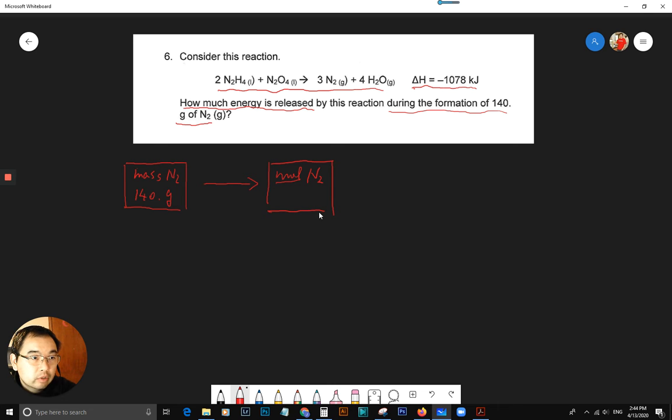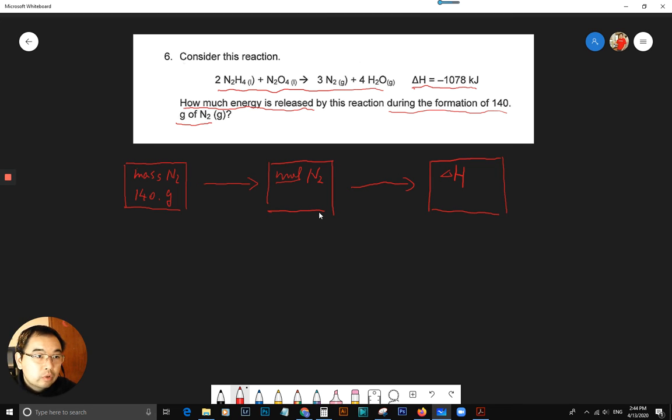So you need to convert the mass to the mole. Then the next step, based on the stoichiometry, you figure out the change of the enthalpy based on the mole of the nitrogen we have.